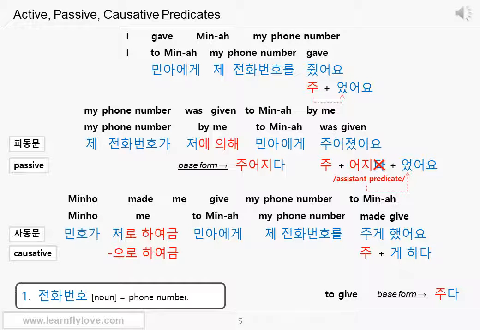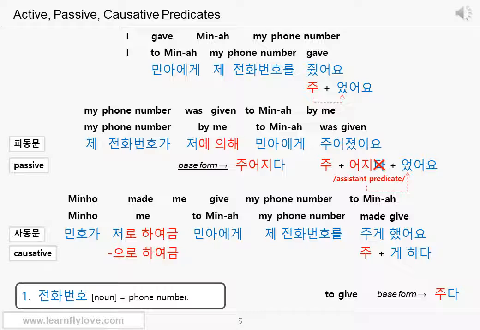Okay? 민호 is just 민호. Let's use the subject particle 가. 민호가, me, 저로 하여금, to Mina, 미나에게, my phone number, 제 전화번호를, made give, 주게 했어요.